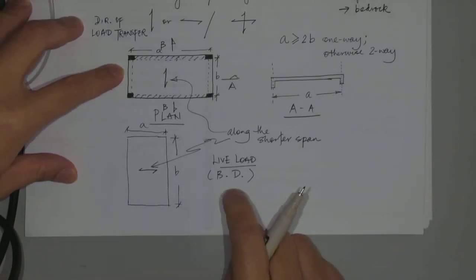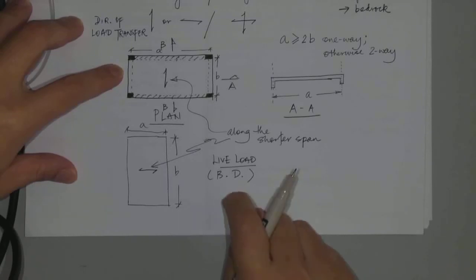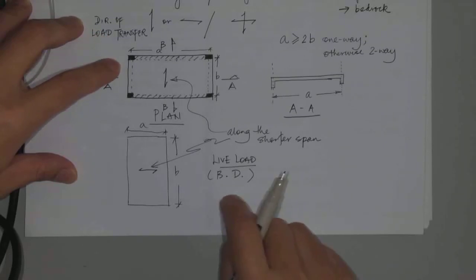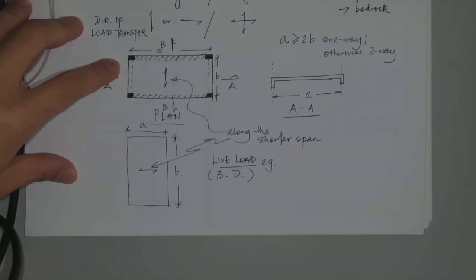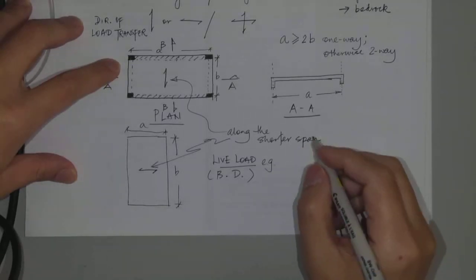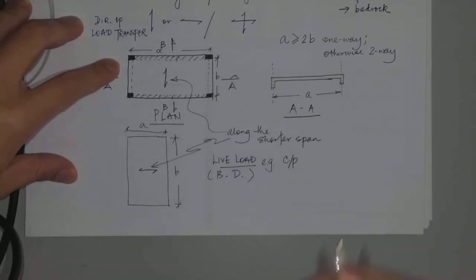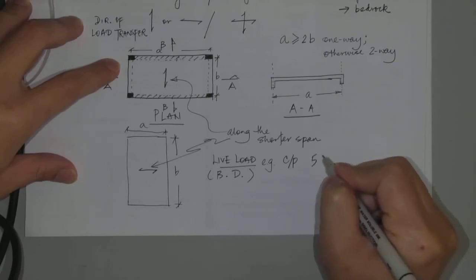Right, so there's a code which is freely available on the BD website for all buildings in Hong Kong, depending on the function. They specify all the necessary loadings you need. So, for example, if you're going to design a car park, then if you look at the BD code, that would be 5 kPa.